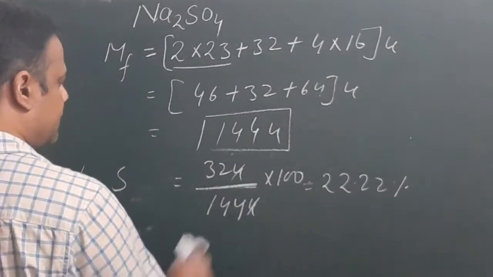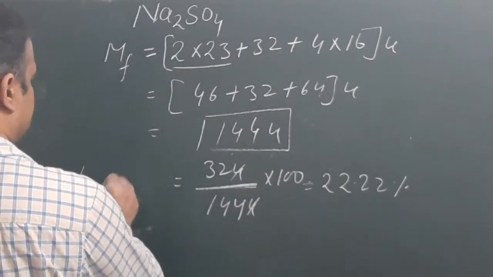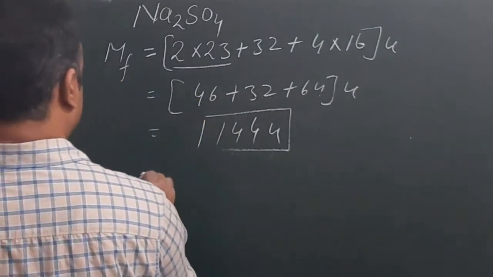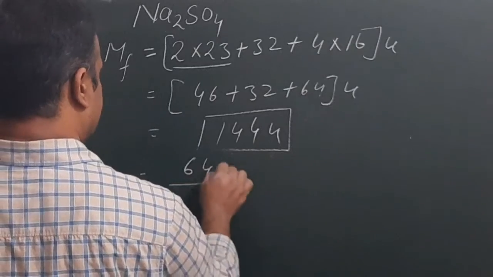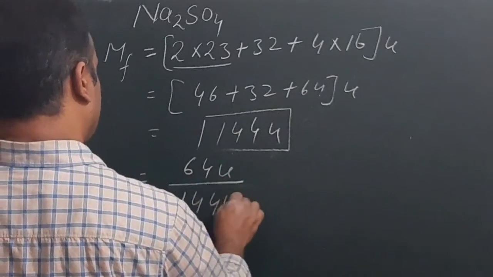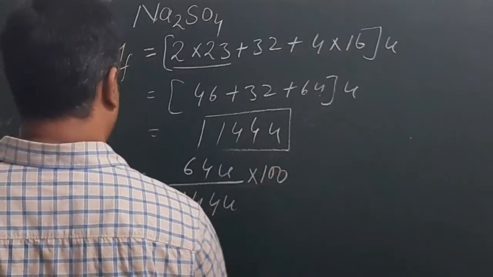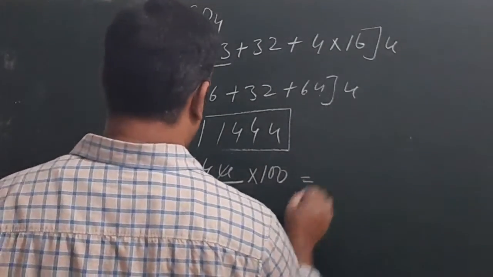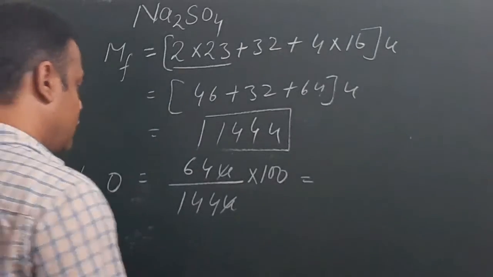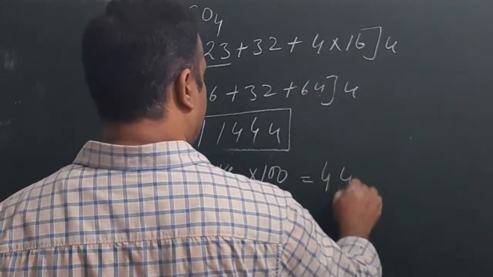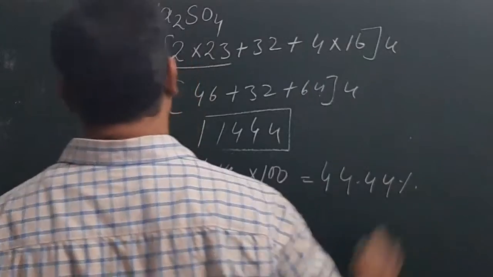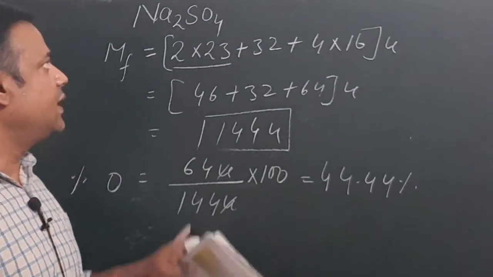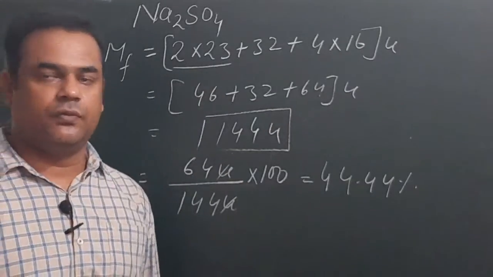If we calculate the percentage of oxygen, this will be equal to 64 U divided by 144 U into 100, and on solving U will cancel out here, and this will be 44.44%. So this is the mass percentage of different elements in Na2SO4.